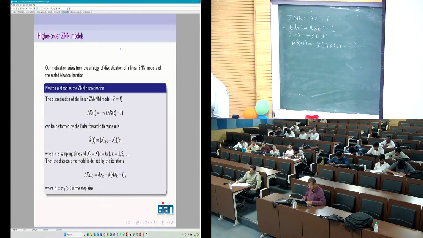This is the ZNN model for solving the problem of matrix inversion in the constant matrix case.